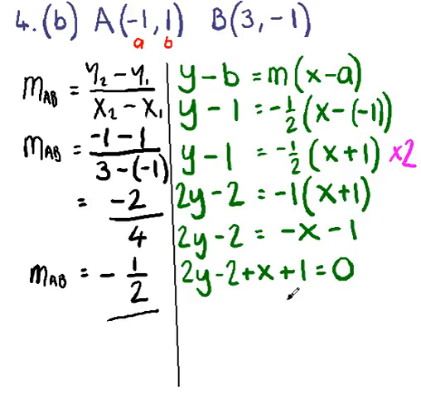So collecting our like terms together, first of all, we have our 2y plus x. Then we have minus 2 add 1, which is minus 1. And that's equal to 0. And that's our final answer.